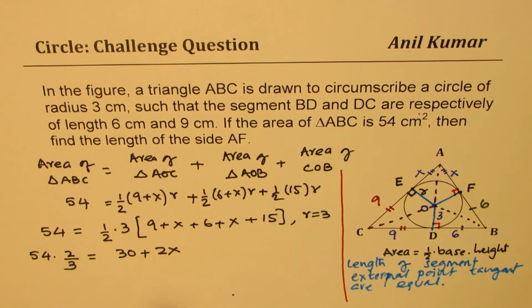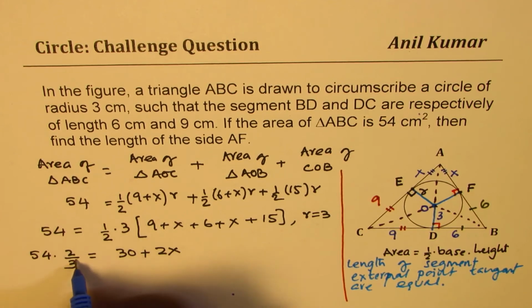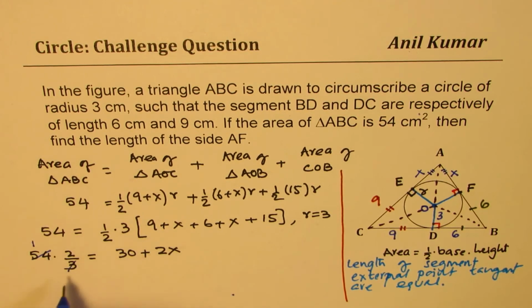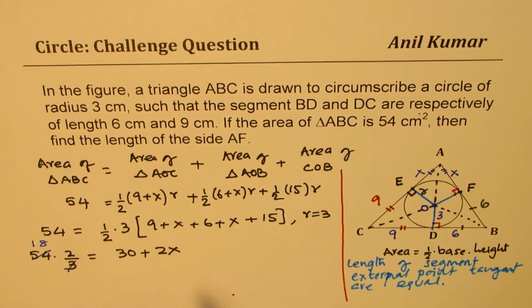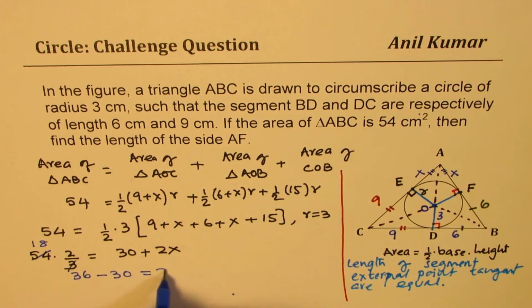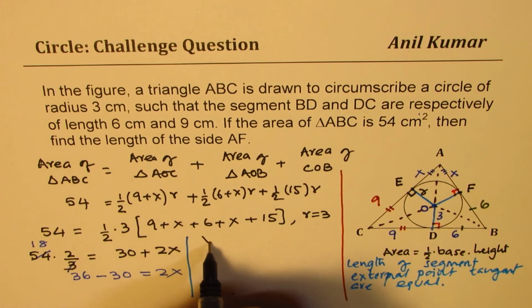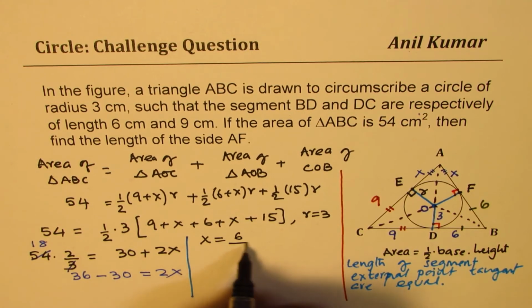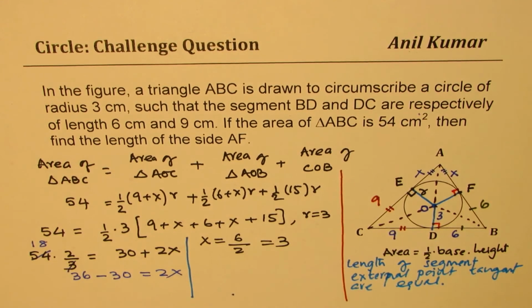Now this is equal to, you could divide and simplify, 54 times 2 over 3 is 36. So 36 minus 30 equals 2x, which gives 6 equals 2x.